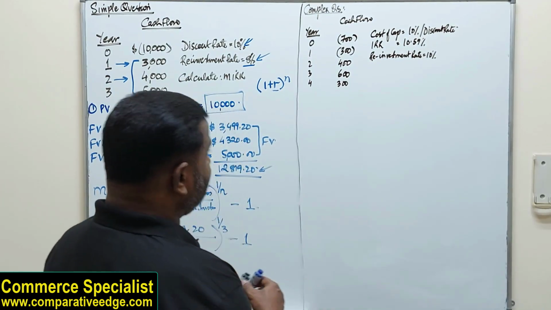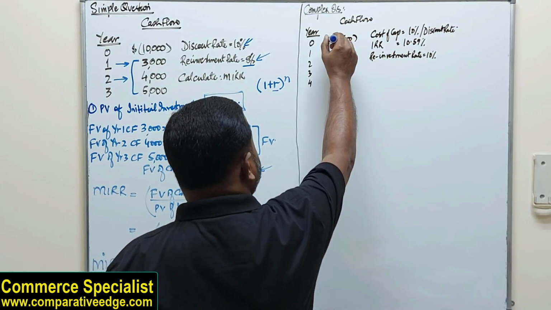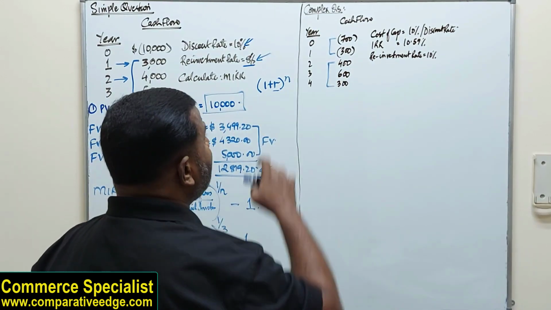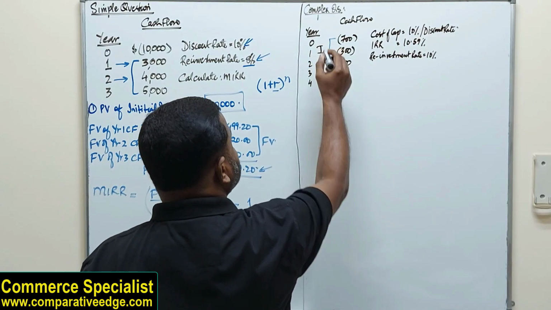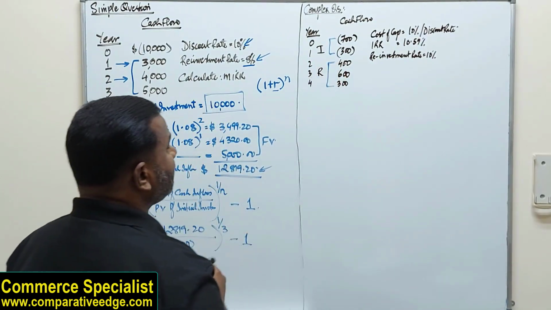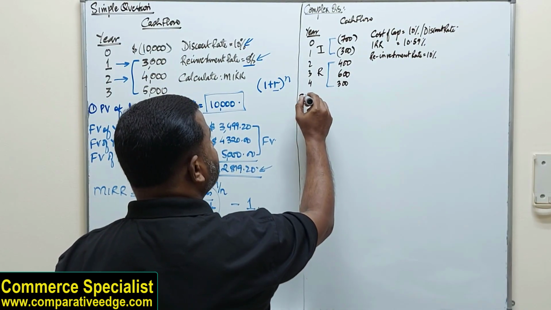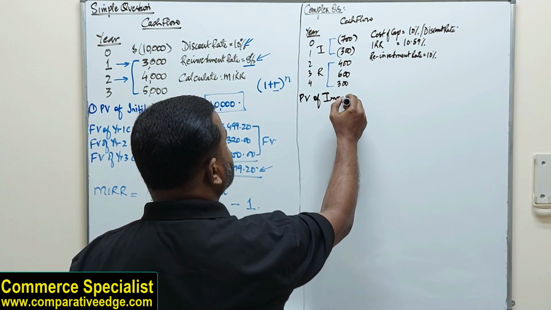So what I'm going to do here is divide this question into investment phase and the return phase. So if I look at the investment phase, this is the investment phase and this is the return phase. So first I'm going to calculate the present value of investment phase.